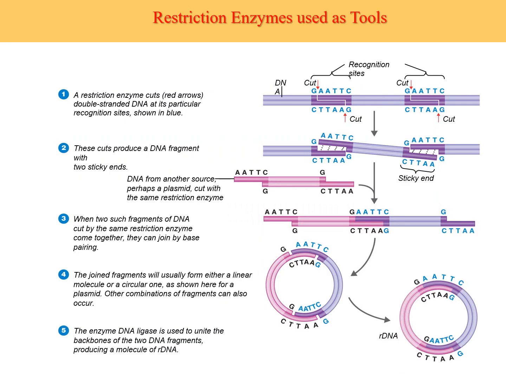Here again you have the example, and you see this AATT single strand overhang. This overhang will combine with this overhang here. You see here and here.